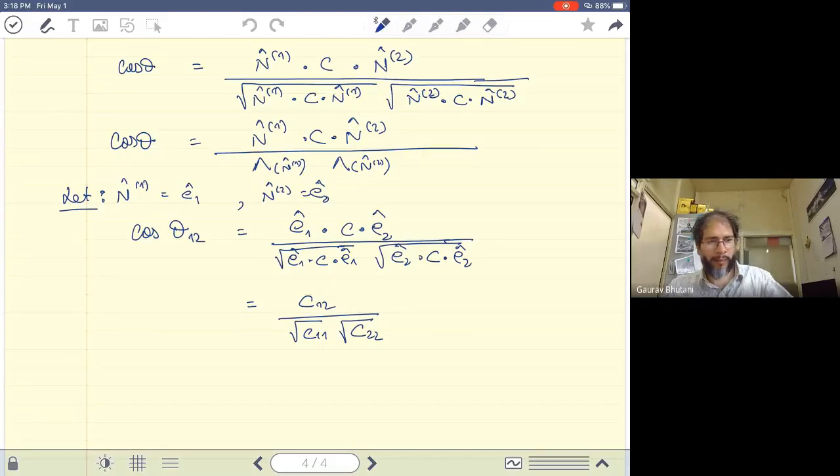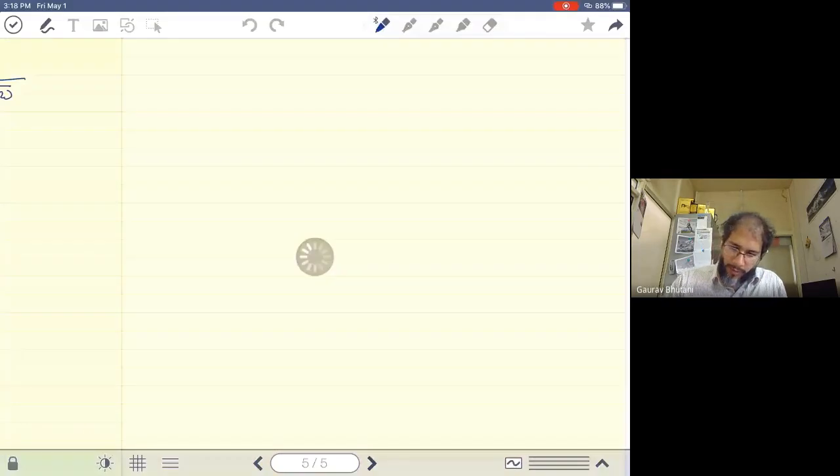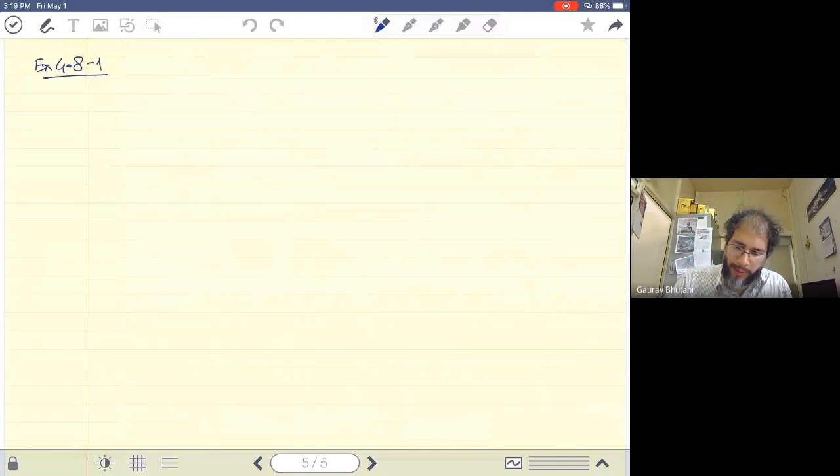So it's been a long time since we discussed any example. So let's solve a problem and see how we can use these ideas to our purpose. So this is example number 4.8.1 from the textbook, that is Mase and Mase, second edition.